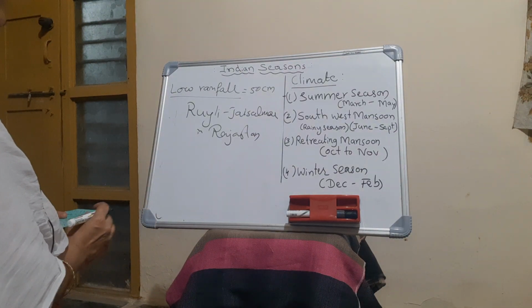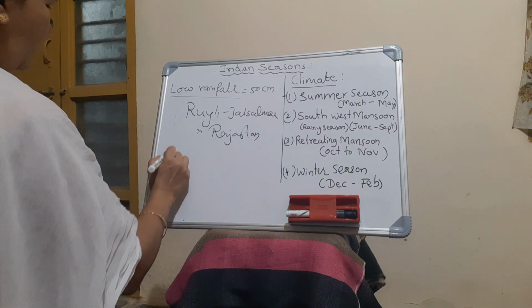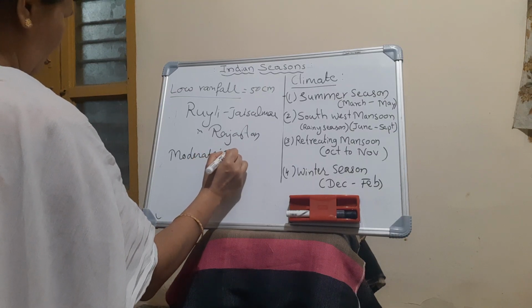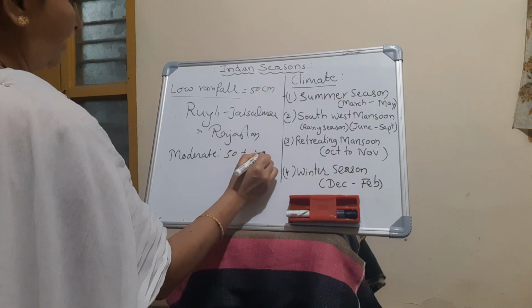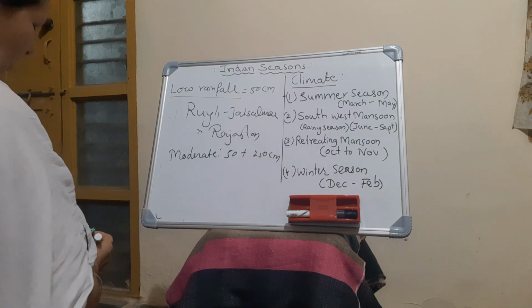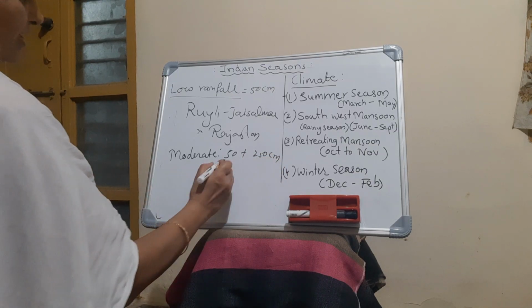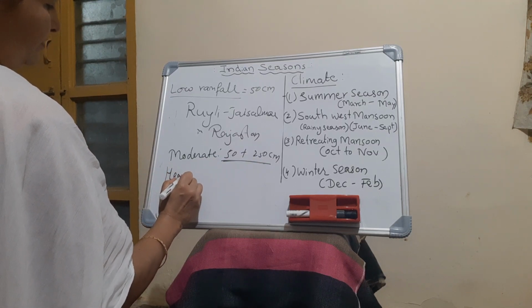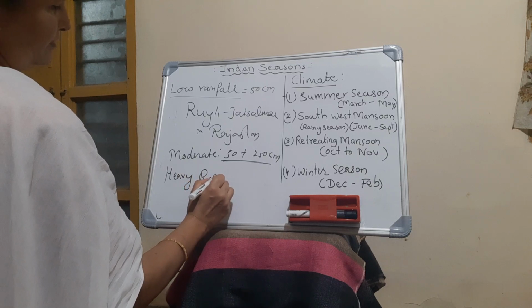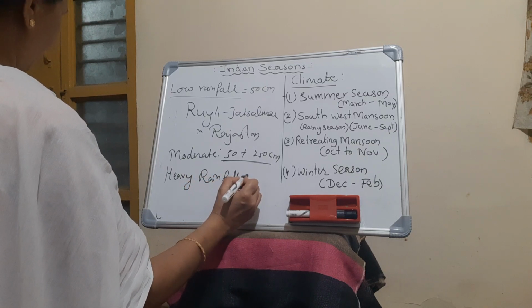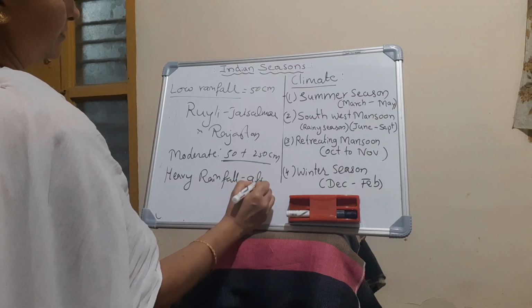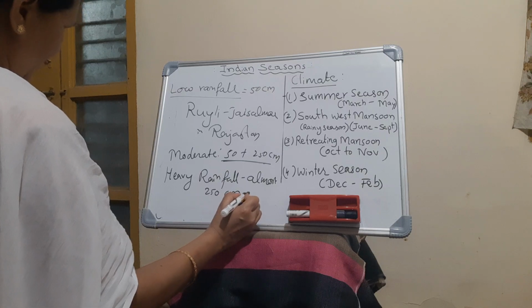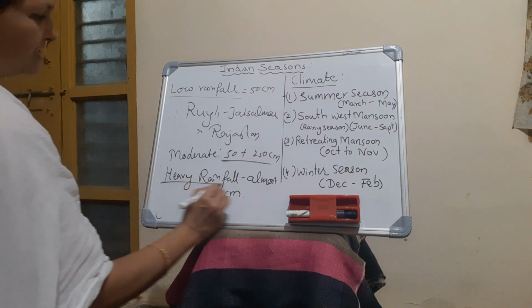Now, moderate rainfall, 50 to 250 centimeter rainfall occurs in India. Then heavy rainfall. Heavy rainfall starts from almost 250 centimeter. Where do we find heavy rainfall?